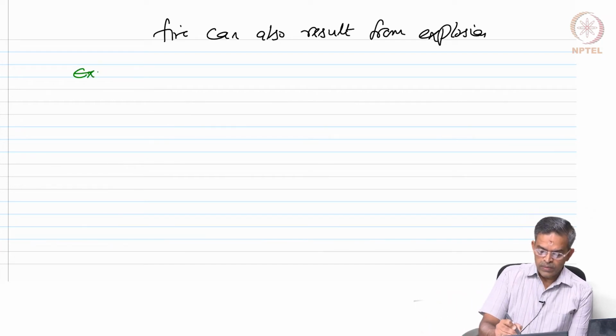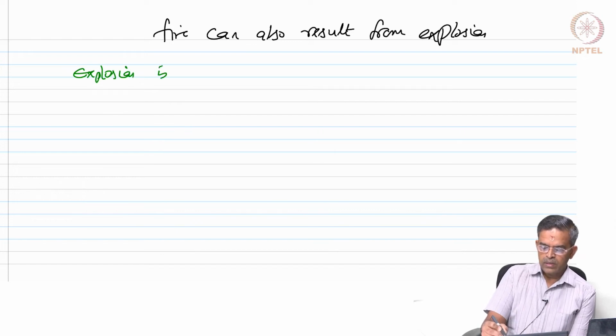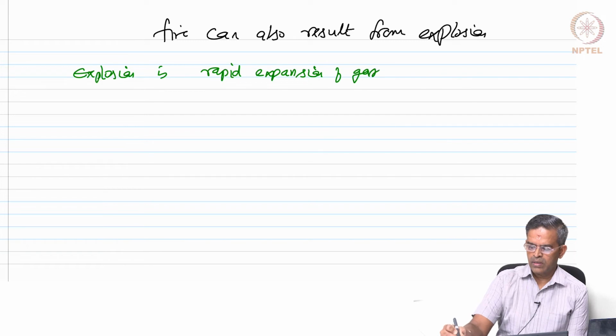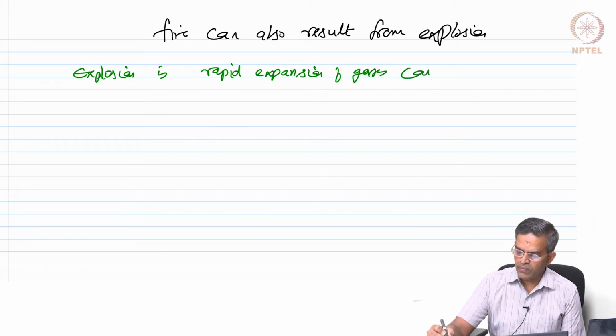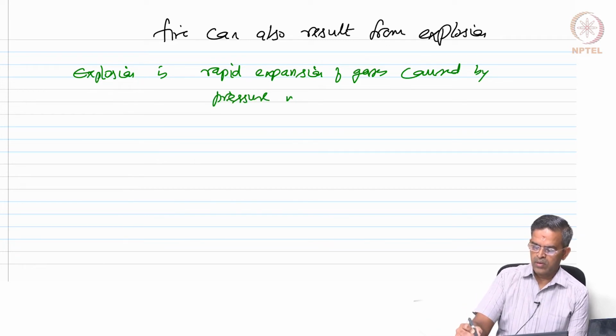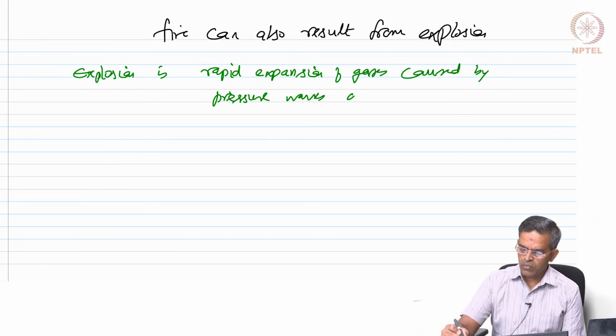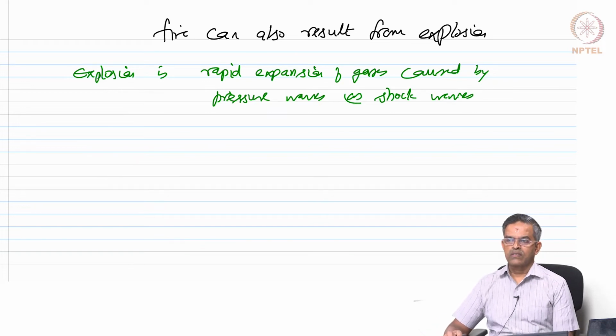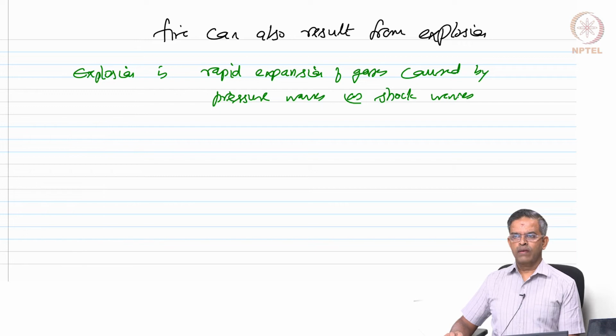Now, explosion is rapid expansion of gases caused by pressure waves or shock waves. In the previous set of lectures, we understood how to calculate the shock wave and overpressure waves. A rapid expansion of gases caused by these waves can result in explosion.